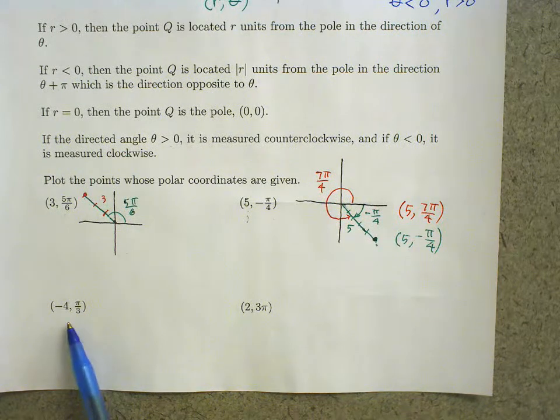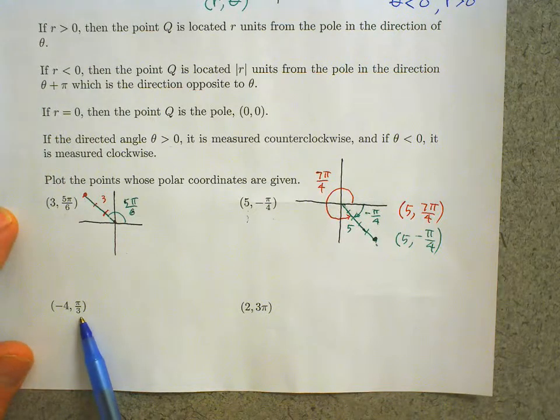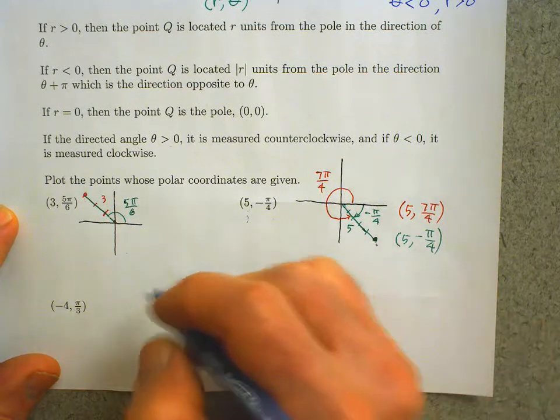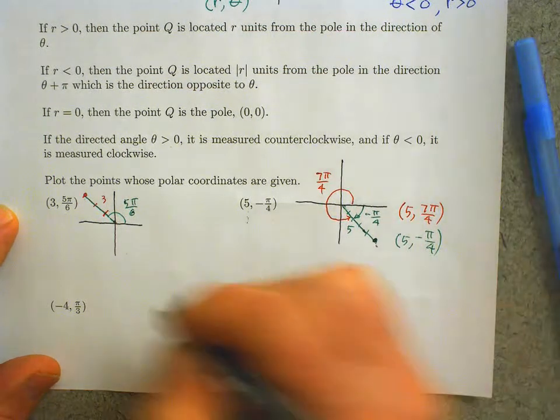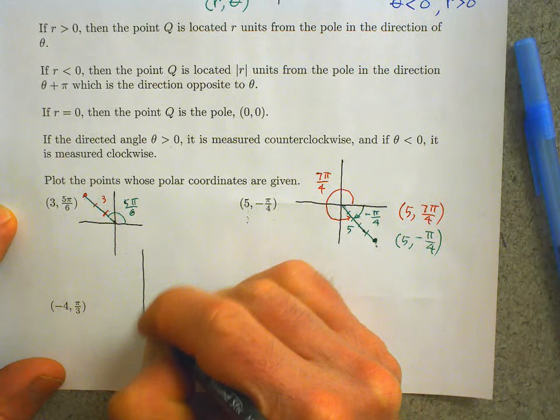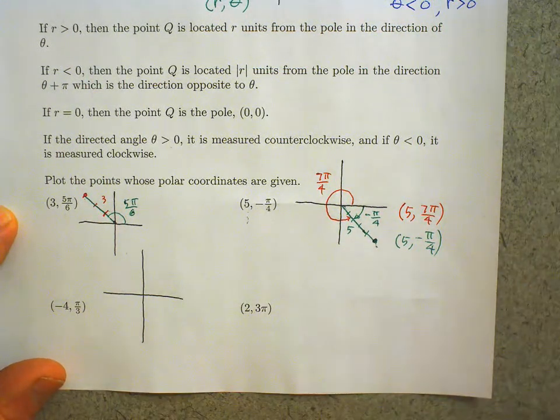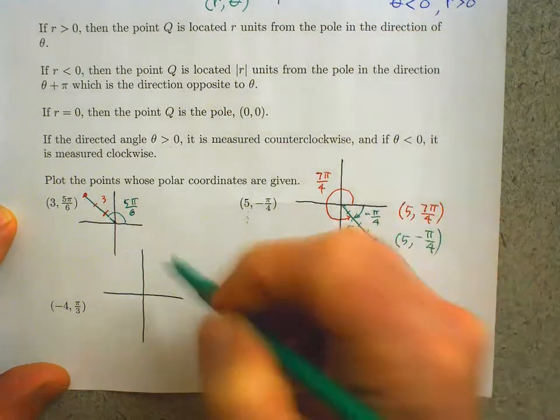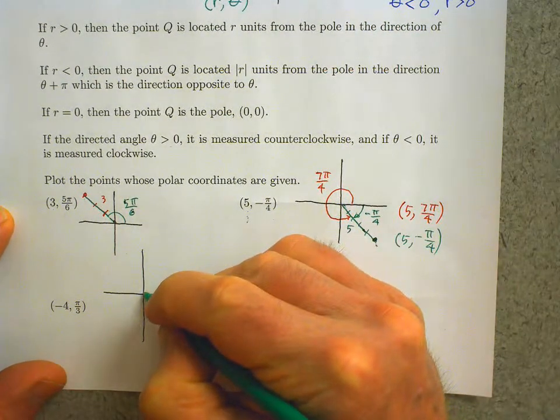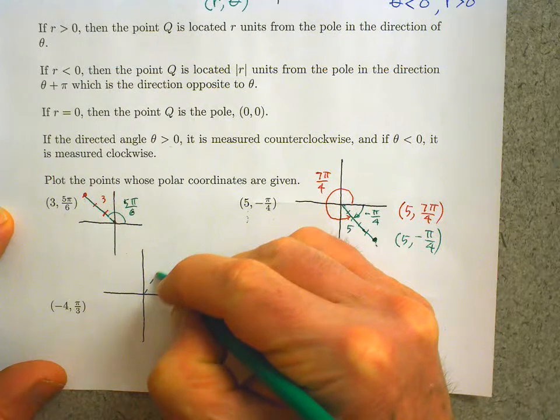Okay, so here's an ordered pair in polar coordinates. The value of r is -4, and the angle is pi over 3. So we'll plot this point. So pi over 3, or 60 degrees, is about like this.